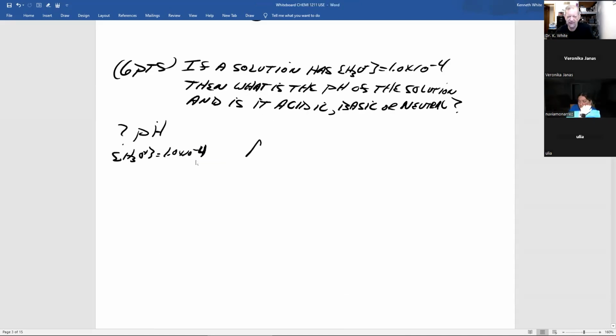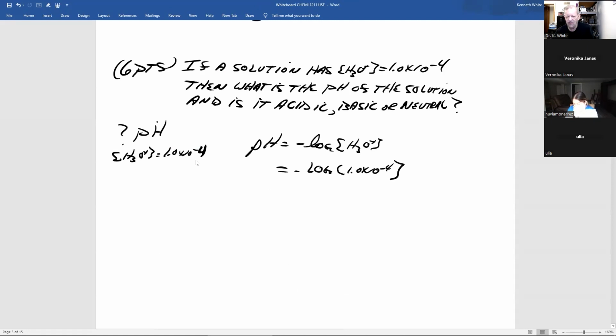We know pH equals minus the log of the hydronium ion concentration. In our case, that's 1.0 times 10 to the minus 4. When you have a hydronium ion concentration of 1.0 times 10 to the minus x, the pH is x, so therefore the pH is 4. Everybody with me on that?